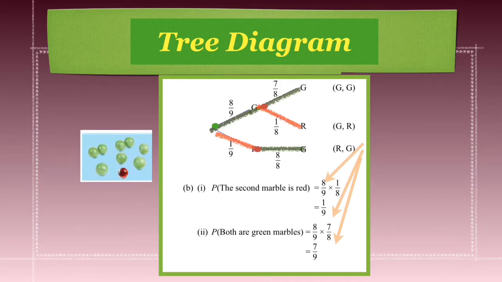So this is a dependent case whereby the sample space is affected by the first event. If let's say that you choose a red marble the first time, the probability of getting a red marble is 1/9.